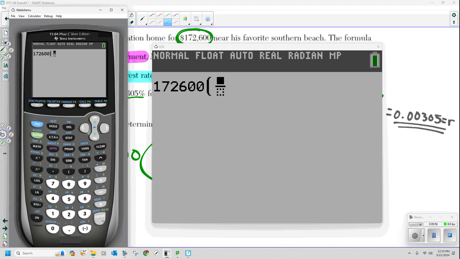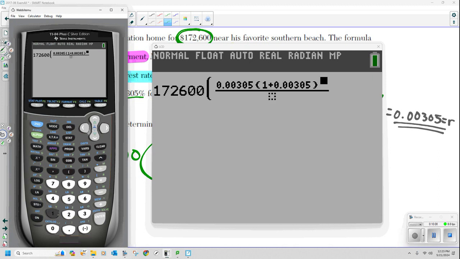0.00305, parenthesis, 1 plus 0.00305, parenthesis, raise it to the 180, all over parenthesis, 1 plus 0.00305.